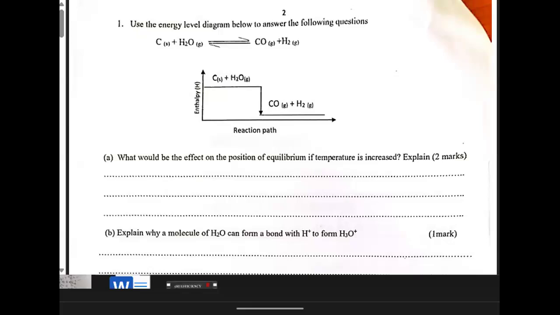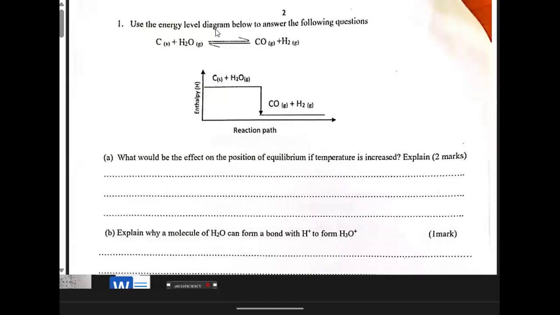I continue with the question. Question 1 is from the topic of rate of equation that was part of the assignment. We have to have arrows like that. One arrow is pointing forward, the other backward, illustrating that there are two reactions taking place, the forward one and the backward reaction.